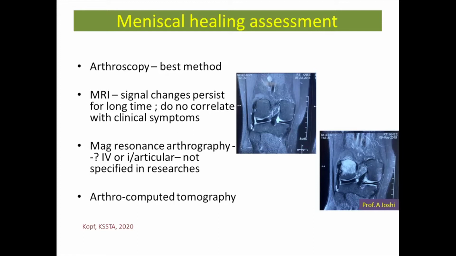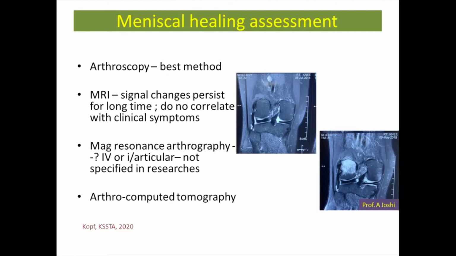For example, in this picture, this is the 10-month gap between the repair and the reassessment. It has shown to be healed. The root has shown to be healed in the native position.